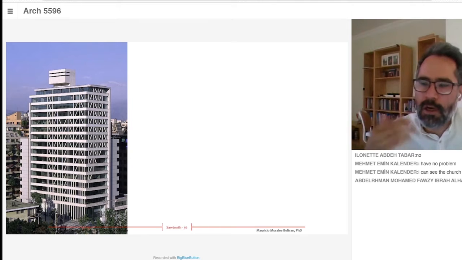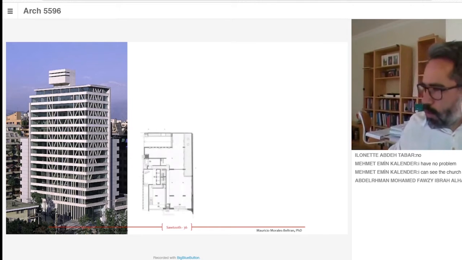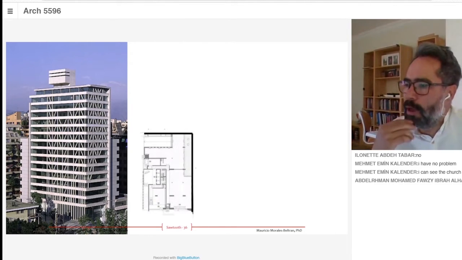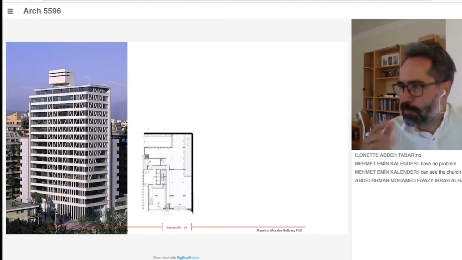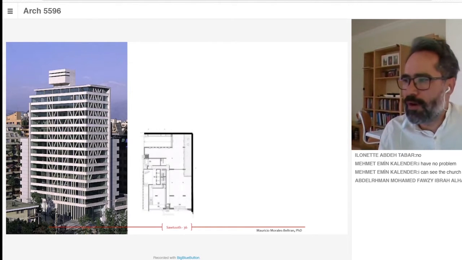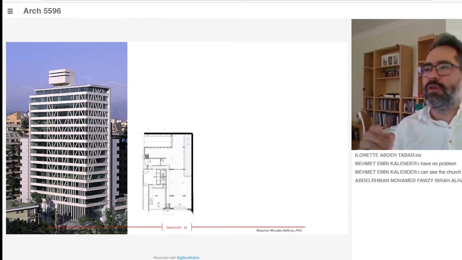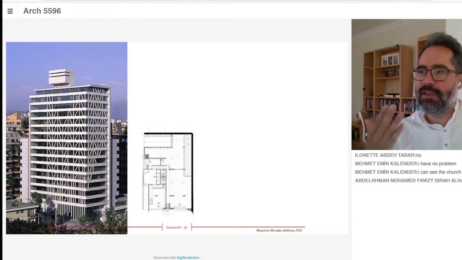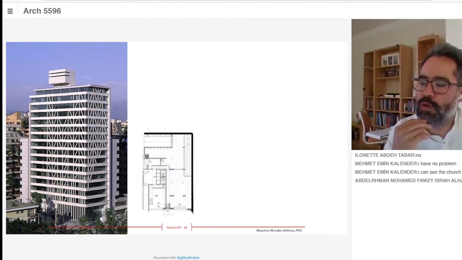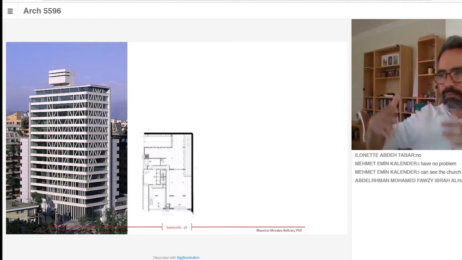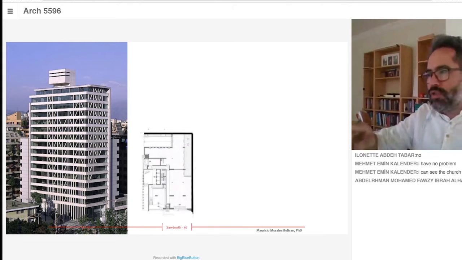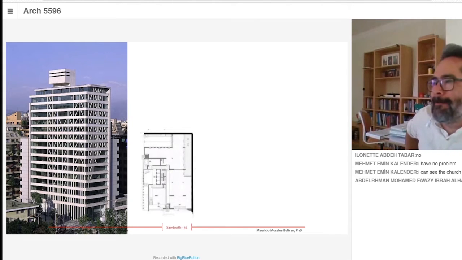The problem, if you look at the plan here, is represented by these two very thick black lines. The back of the building, if we could look at it from the other side, has two huge walls, represented by these thick lines.